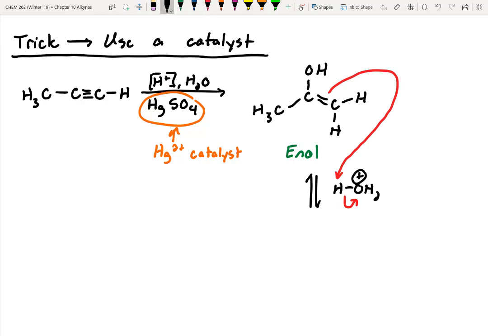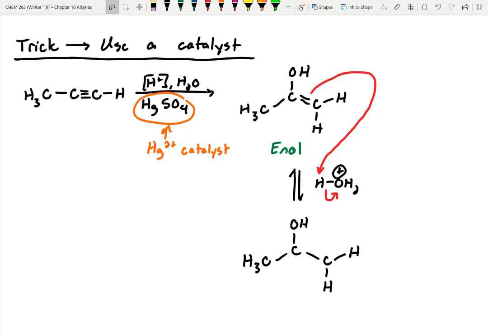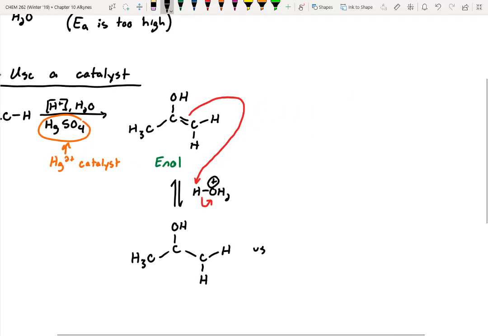So I'll let you think about what the likely intermediate is going to be. I'm just going to draw my skeleton structure for right now. In fact, let's compare these. I'm going to zoom out.